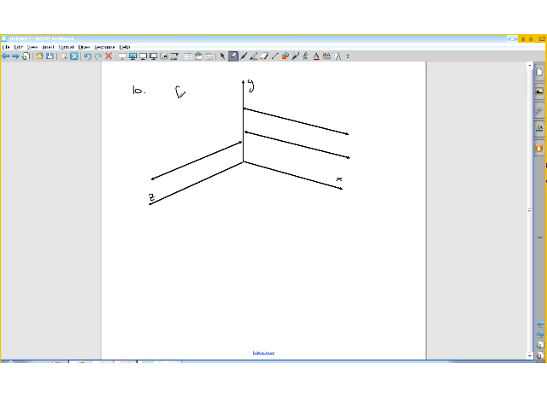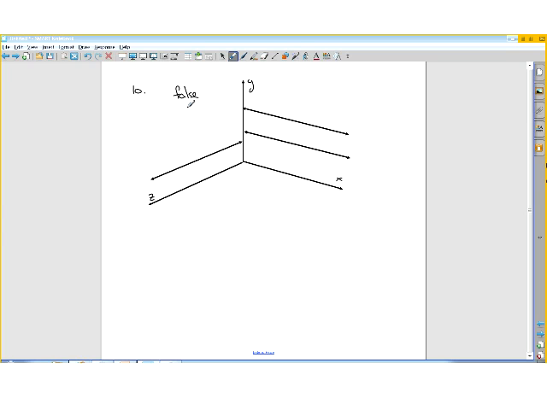So if 2 lines do not intersect, they must be parallel. That's false. If 2 lines are parallel, then they don't intersect. That's true. So it's kind of like the converse. We're looking at number 10 right now.